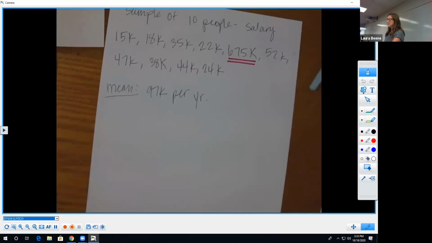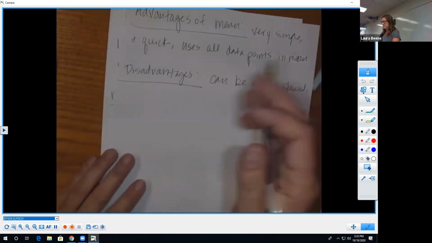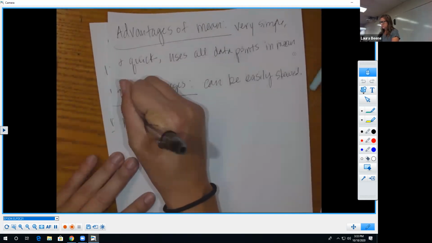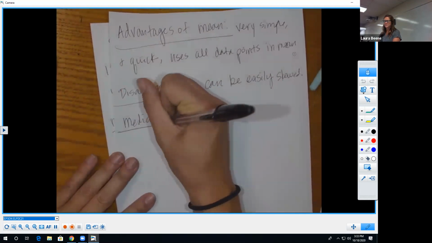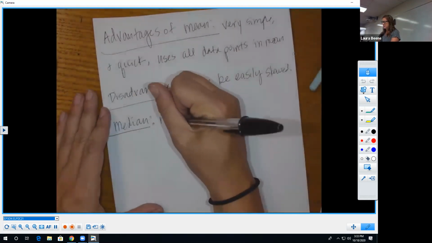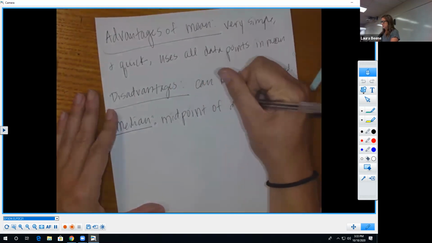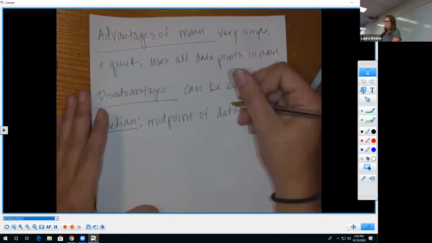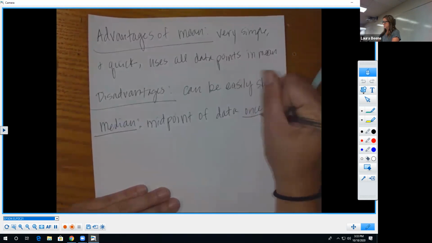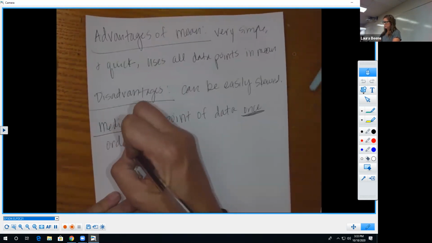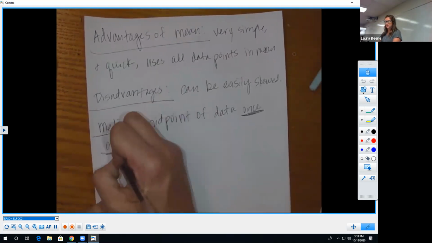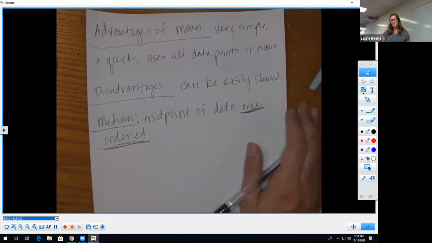Okay, so the next thing we're going to talk about is the median. The median is the midpoint of the data after it's been ordered. So you have to put it in order first, and then you can find the middle of the data.